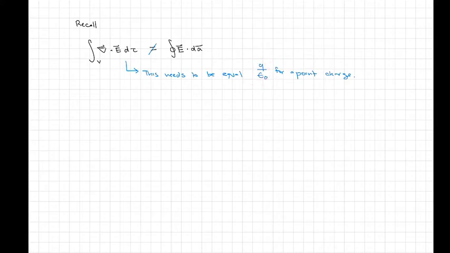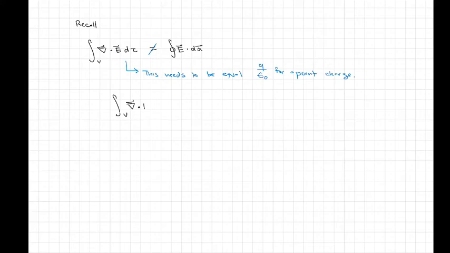So this also needs to be true in real life, but it's not because we got a math problem. So what we really need is just a trick to make the math work, because we know physically it has to be true.